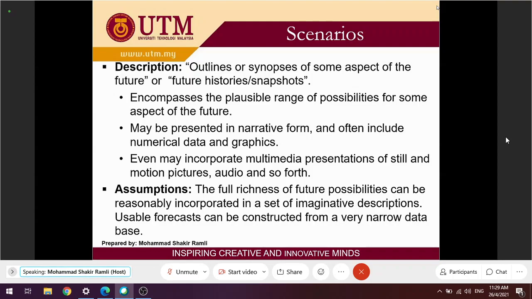I guess in the near future, by having an integrated system, a doctor can communicate using a phone, and also connect to the reports or progress reports of what's happening to the patient and so on, and also give instructions. Yeah. So a scenario encompasses the possible range of possibilities for some aspect of the future.